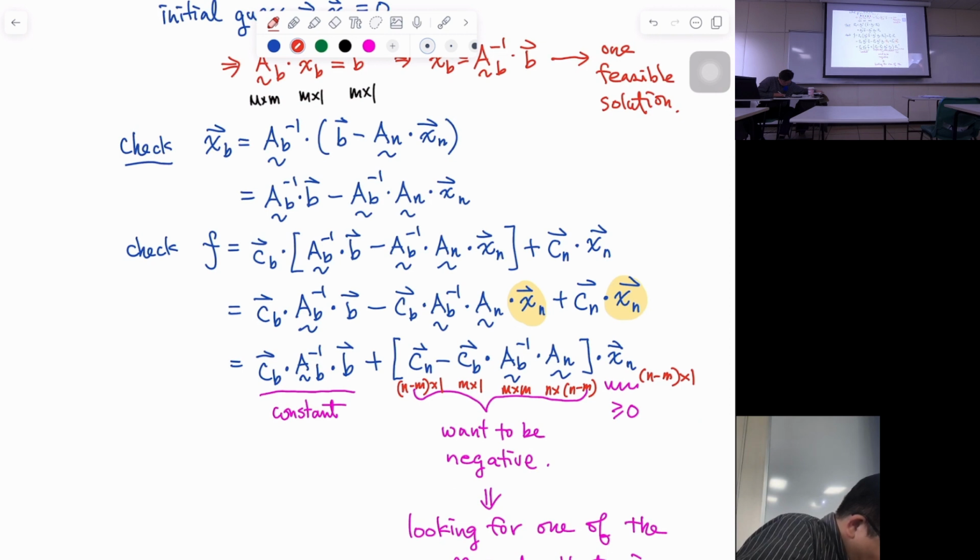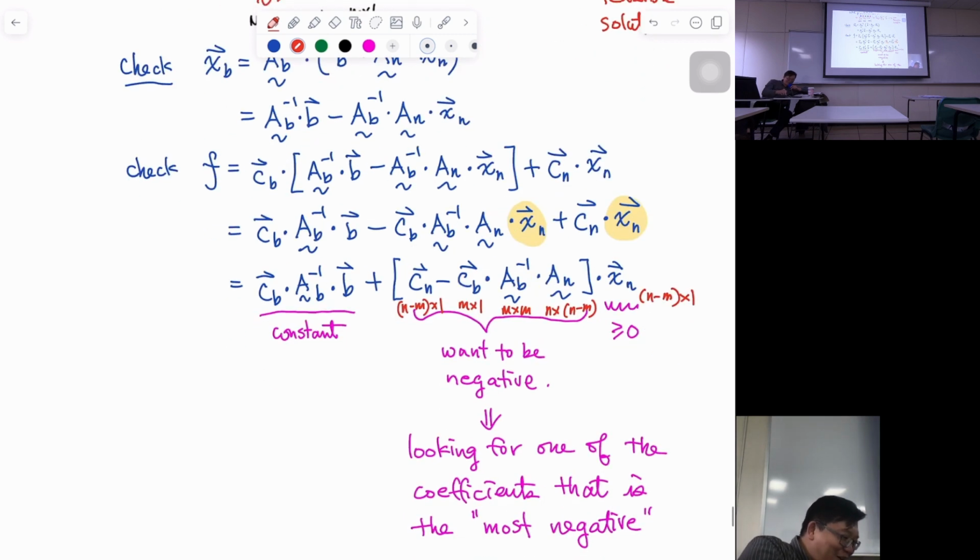Which one is wrong? Cn should be 1 times n minus m. Cm and Cb is... No. I'm using transpose. I'm using dot product, so it's going to be vertical, right? Dot product is vertical. One minute. Yeah, this is actually right. Sometimes it's confusing if you are using dot product.